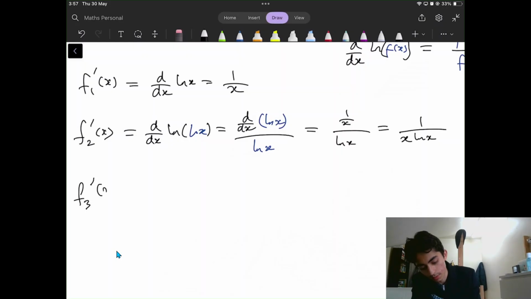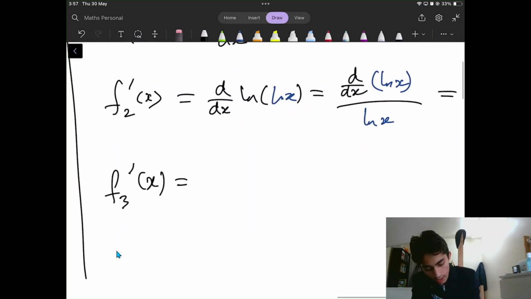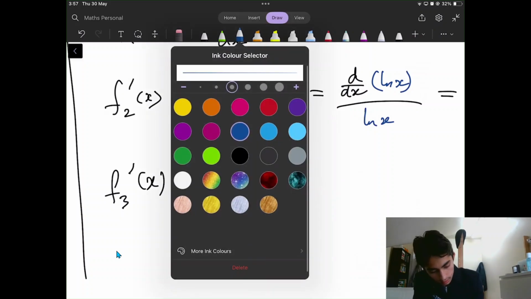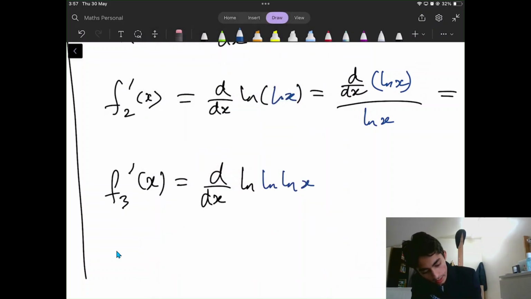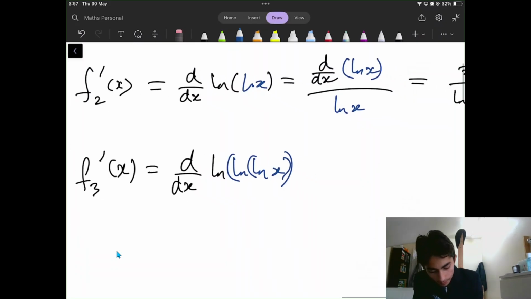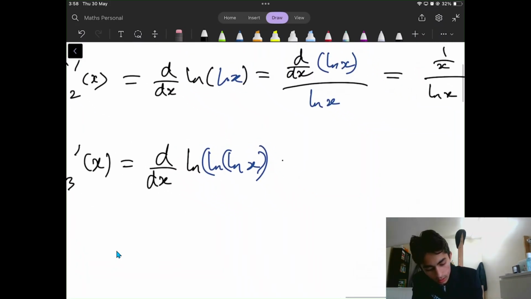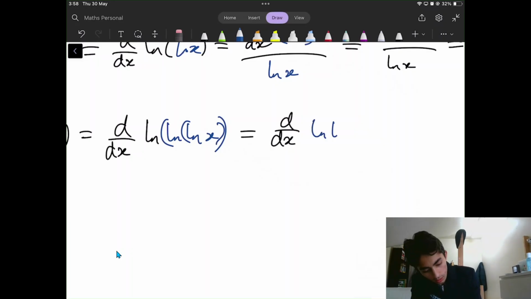So f3 of x differentiated with respect to x is equal to the derivative with respect to x of ln of ln ln x, right? This is equal to the derivative of the blue part, or the argument of the log, divided by the argument itself, right?